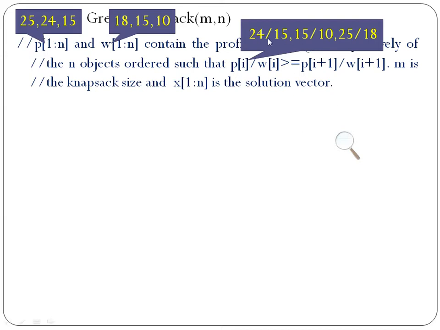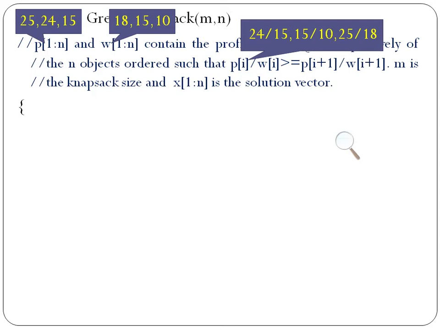Here 24 divided by 15 has the largest ratio, larger than 15 divided by 10 and 25 divided by 18. So it is written in descending order of profit divided by weight ratio. Now after that, we will see the algorithm. The same example we will see in our implementation part.